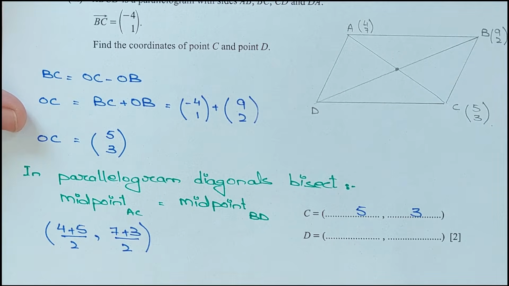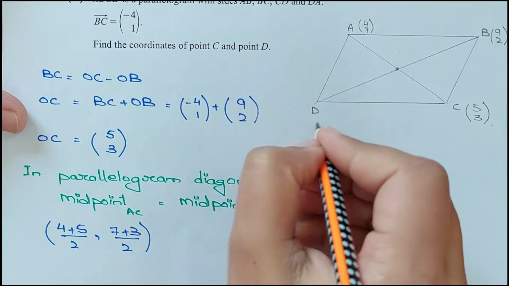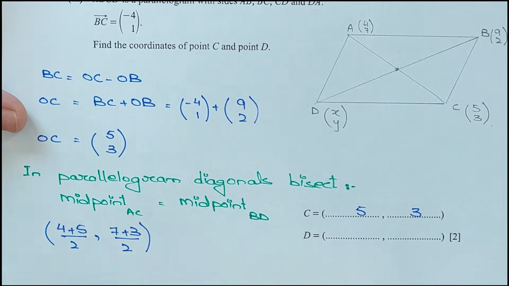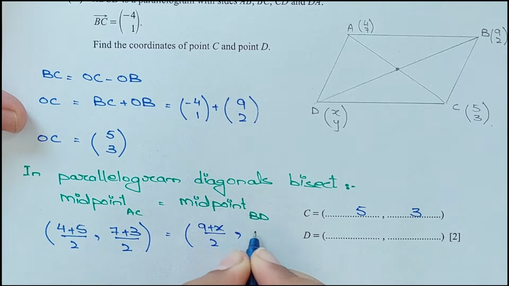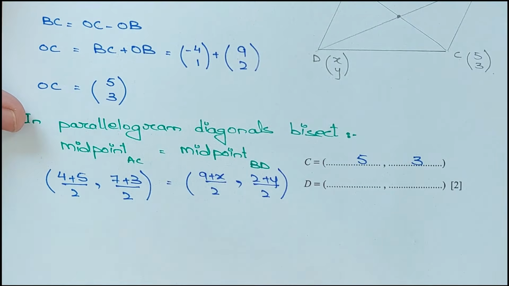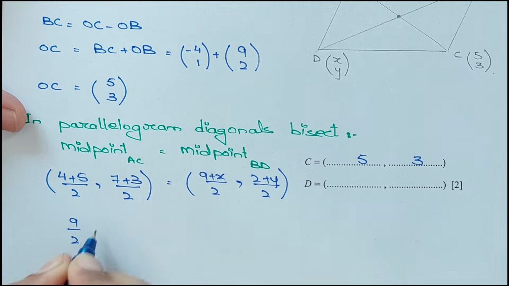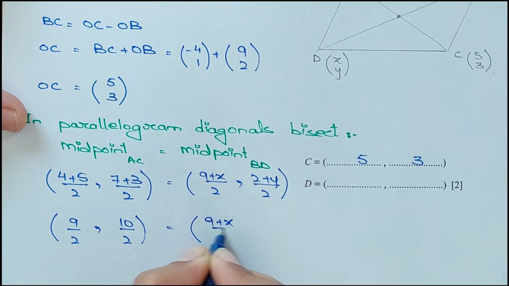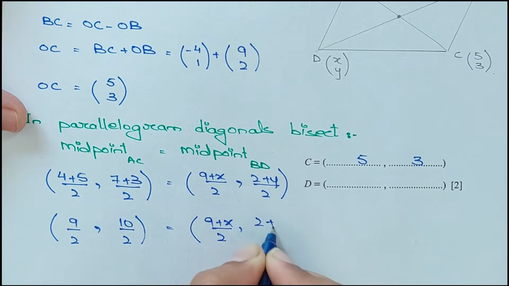And if I say that the coordinates of D are x, y, right? So for B and D, the midpoint is (9 plus x) over 2 and (2 plus y) over 2. Okay, so 5 plus 4 is 9 by 2, and this is 10 by 2, and this equals (9 plus x) over 2 and (2 plus y) over 2.